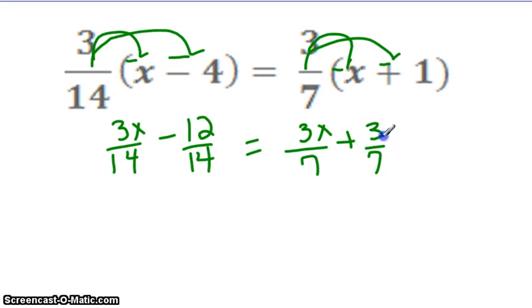And now that I've cleared all grouping symbols, I'm going to go back and clear all fractions. Now my least common denominator is 14, so I am going to multiply every term by 14.